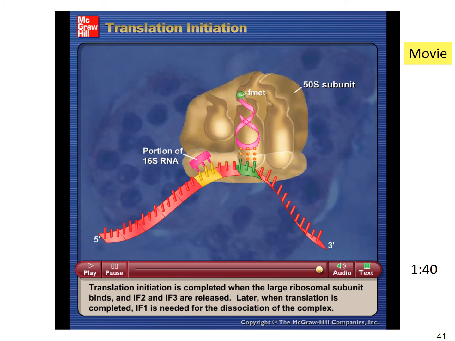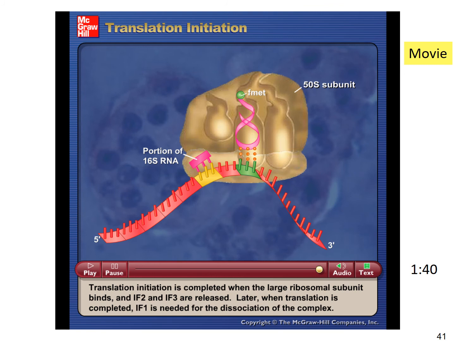Translation initiation is a process in which mRNA, initiator tRNA, and ribosomal subunits assemble. Initiation of translation in bacteria begins when the 30S, or small ribosomal subunit, binds to the mRNA near its 5' end.